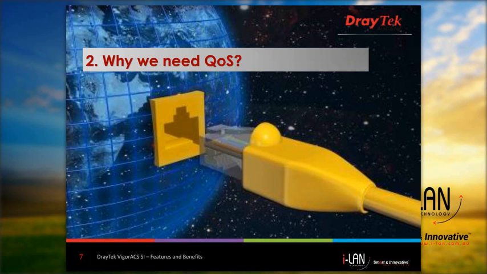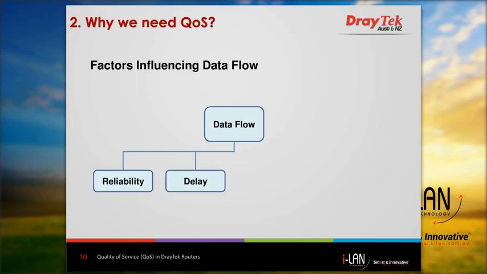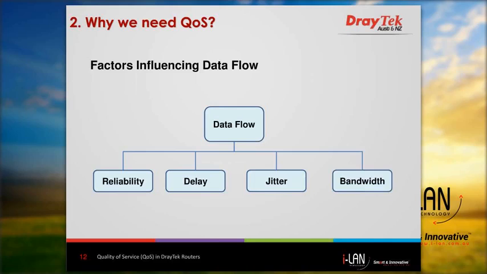So now we just look at why we need quality of service, and I think I covered some previously, but we look at what factors influence data flow, and these are reliability, delay, jitter, and the available bandwidth.